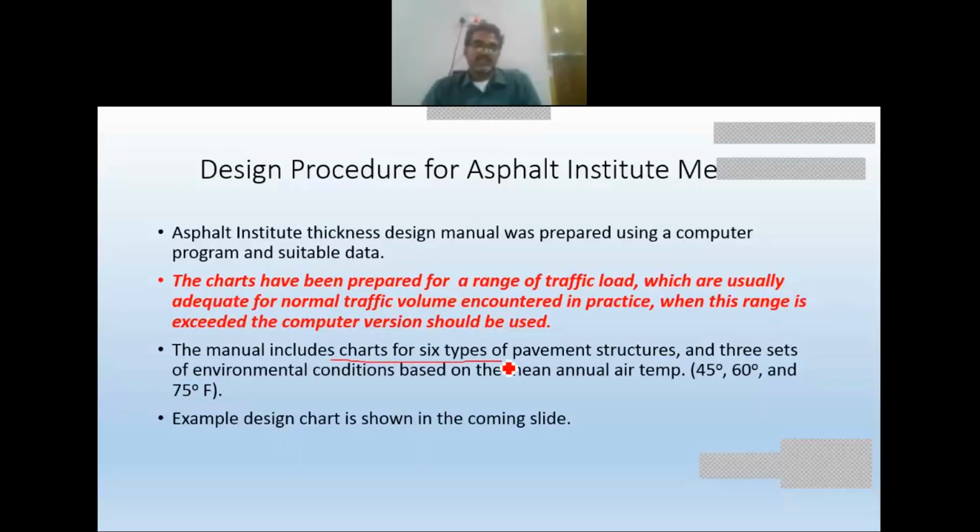We use different materials. Therefore, the Asphalt Institute method provided several charts to design the flexible pavement thickness. There are 6 charts developed by the Asphalt Institute for different pavement structures, 6 combinations of pavements.